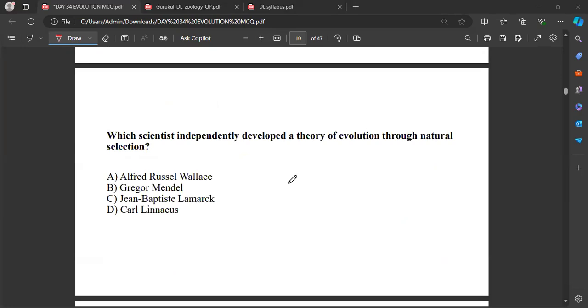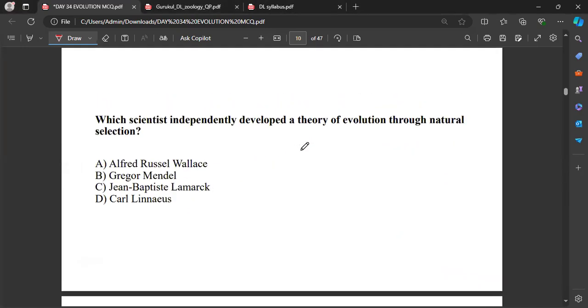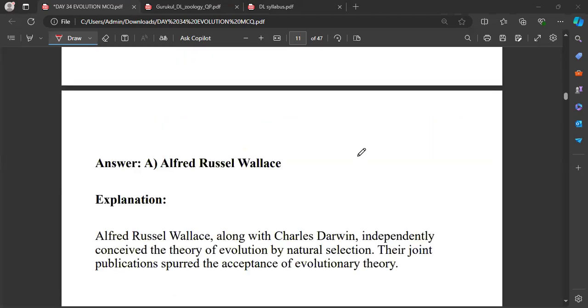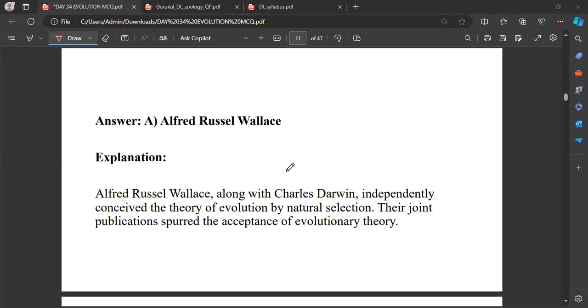Which scientist independently developed a theory of evolution through natural selection? Alfred Russel Wallace. Along with Charles Darwin, they independently conceived the theory of evolution by natural selection, right?